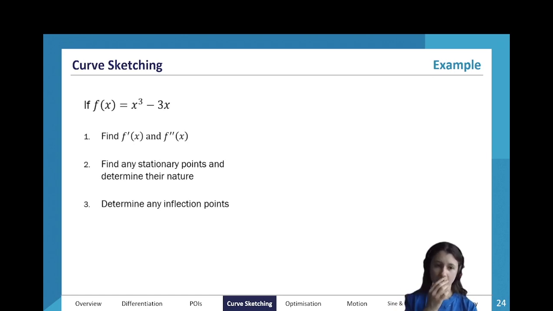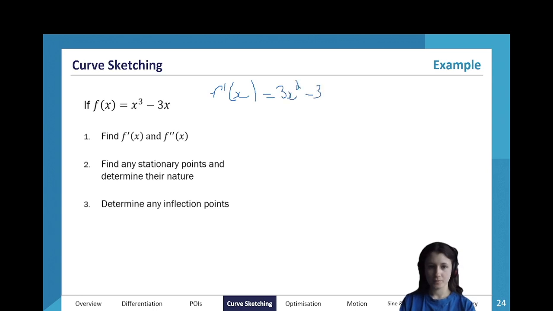Alrighty, let's go over an example here. First we need to find the first and second derivatives. Now we need to find any stationary points and determine their nature.